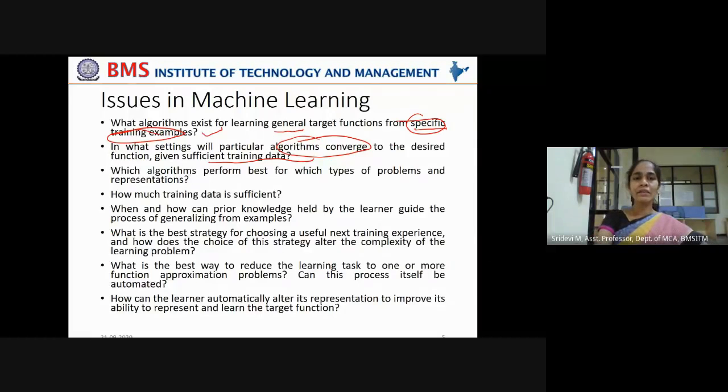Okay, that is the other issue. You have to understand in which settings the algorithms can converge and which algorithms perform best for which types of problems and representations. Based on the problem, and what type of representation is required, you need to find out which algorithm is best suitable.